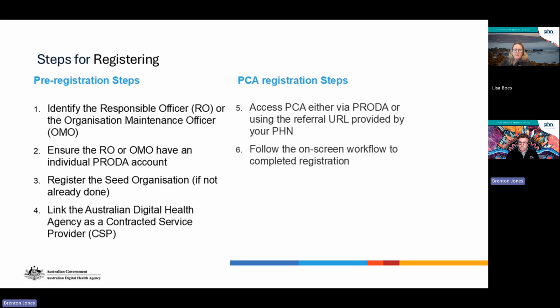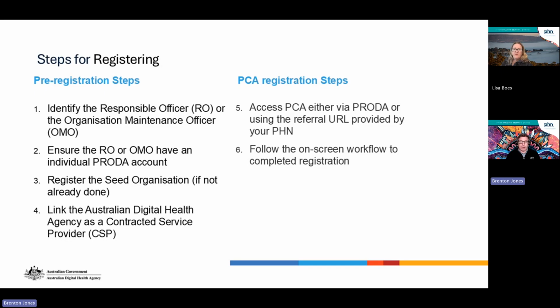So ensure that these people, for example, within the organisation, have an individual or PRODA account, and you've linked them. You need to register the seed organisation, if not done already, and link the Australian Digital Health Agency as a contracted service provider, or CSP, under your HPIO listing in HPOS, and I'll talk through those steps in a sec.